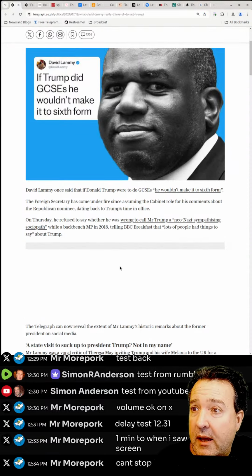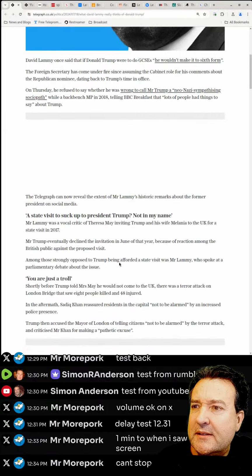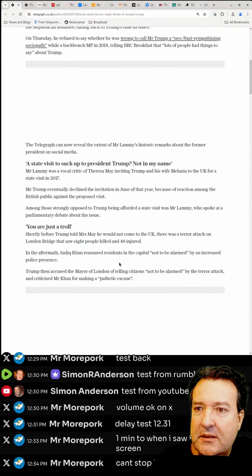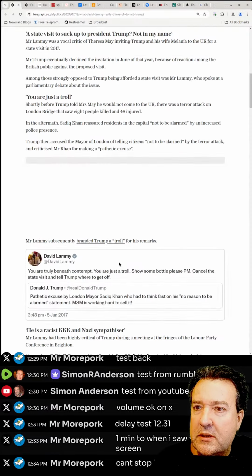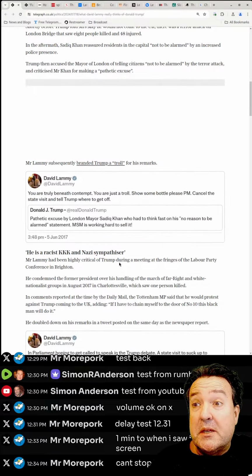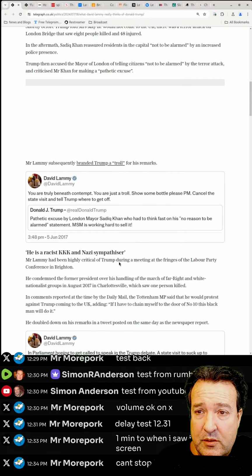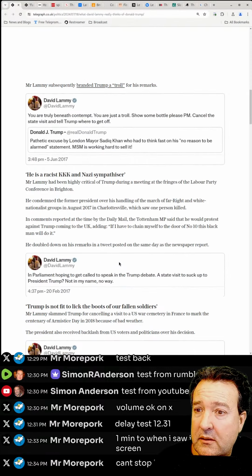So yeah, David Lammy, he called Mr. Trump a neo-Nazi sympathizing sociopath. Called him a troll. Beneath contempt. Ooh, that is not what you want the Foreign Secretary of the United Kingdom saying to the guy who's going to be the president of the United States, your largest military geopolitical partner.